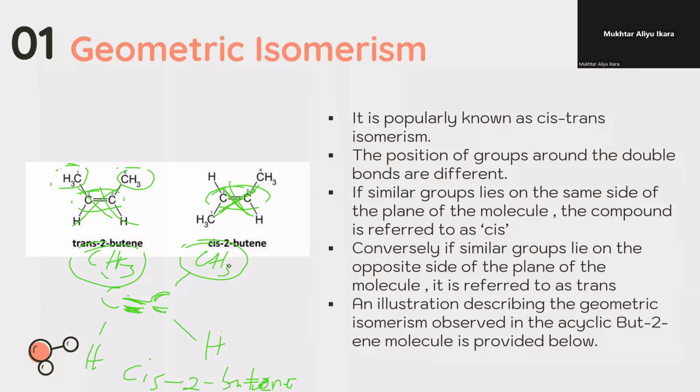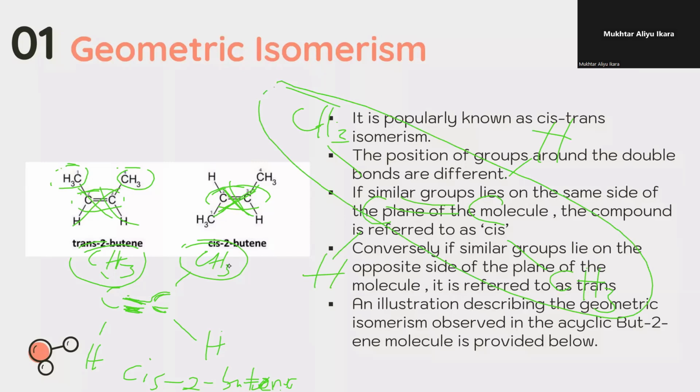So if you have a situation like this, you have a carbon-to-carbon double bond, and you have CH3 here and another CH3 here, and the hydrogens. You see, they are transverse. That is why it is called trans isomerism. If you are going to name this, it is going to be trans-2-butene.